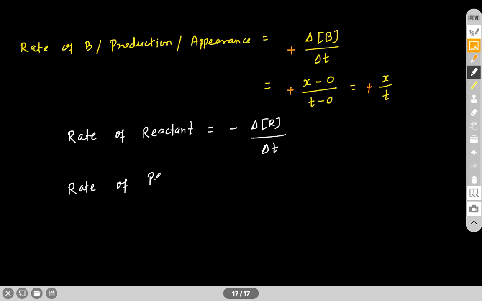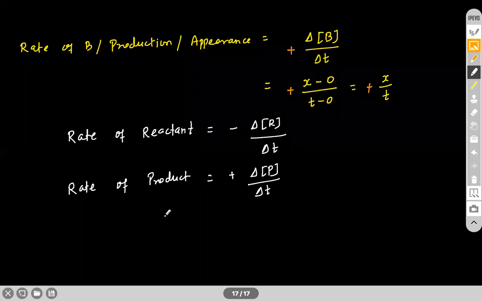Rate of product is equal to plus of the change in concentration of product by time required to produce that change. Okay. When I say rate of reactant, it means the rate at which the reactant is getting consumed. Rate of product means the rate at which the product is forming.